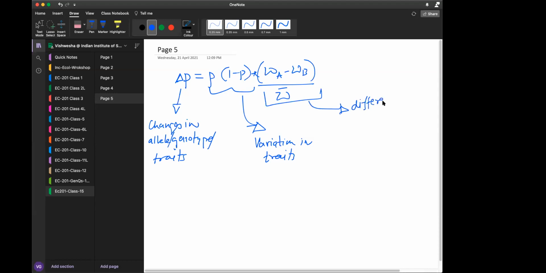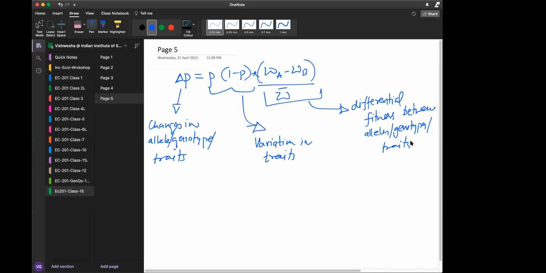Differential fitness between alleles, genotypes, types.